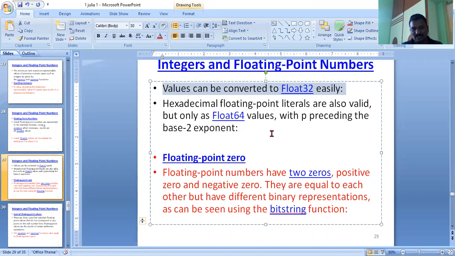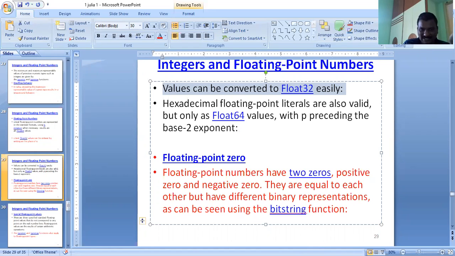Another important one here is the hexadecimal floating point. The hexadecimal floating point literals are valid, but only float 64 values, with p precision and base 2 exponent.